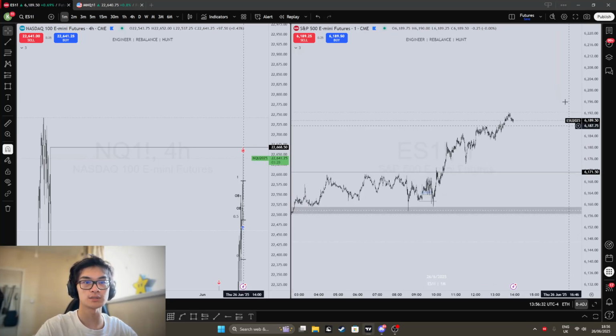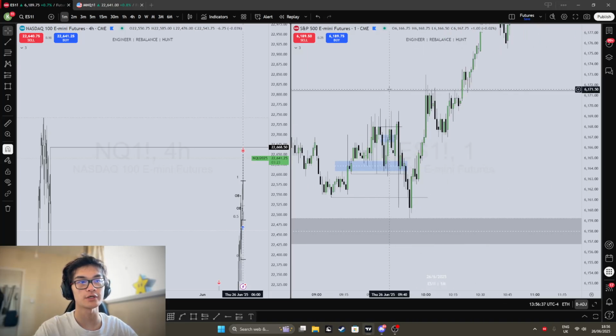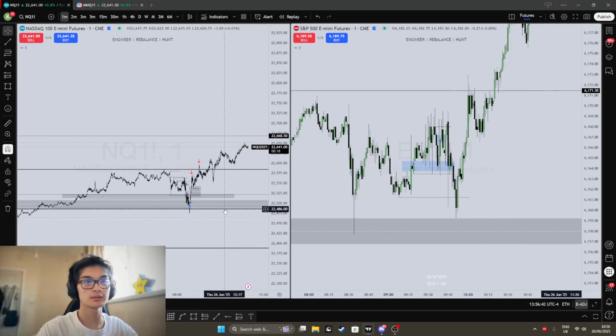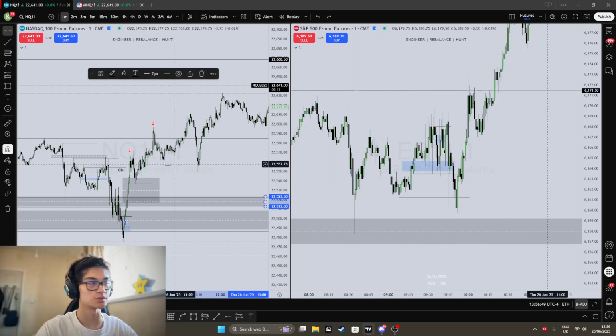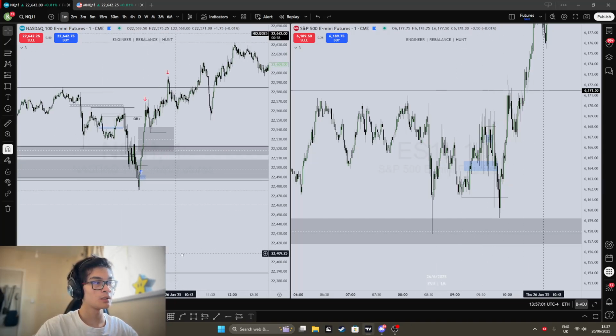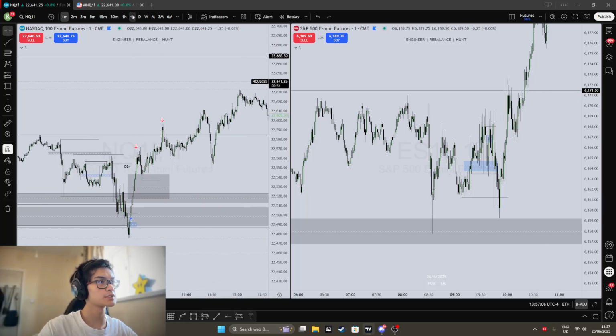And as you can see, it was actually really close to this high right here, which is my draw for ES. So I kind of got off early after taking this trade here because all my draws were already taken out. This high forming with SMT, having SMT with this high here, and yeah, that's pretty much it for the day recap. Not much else to go through here.